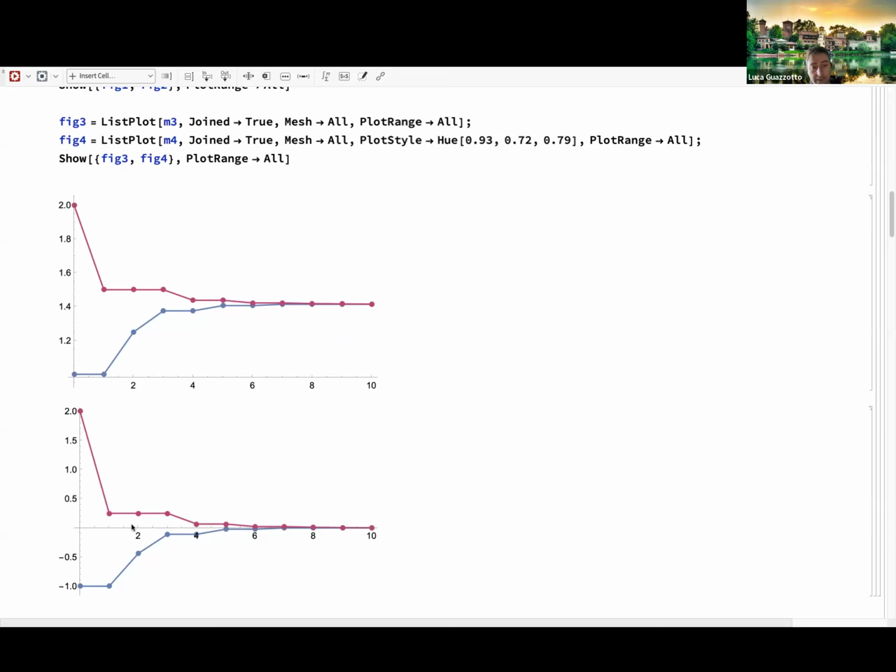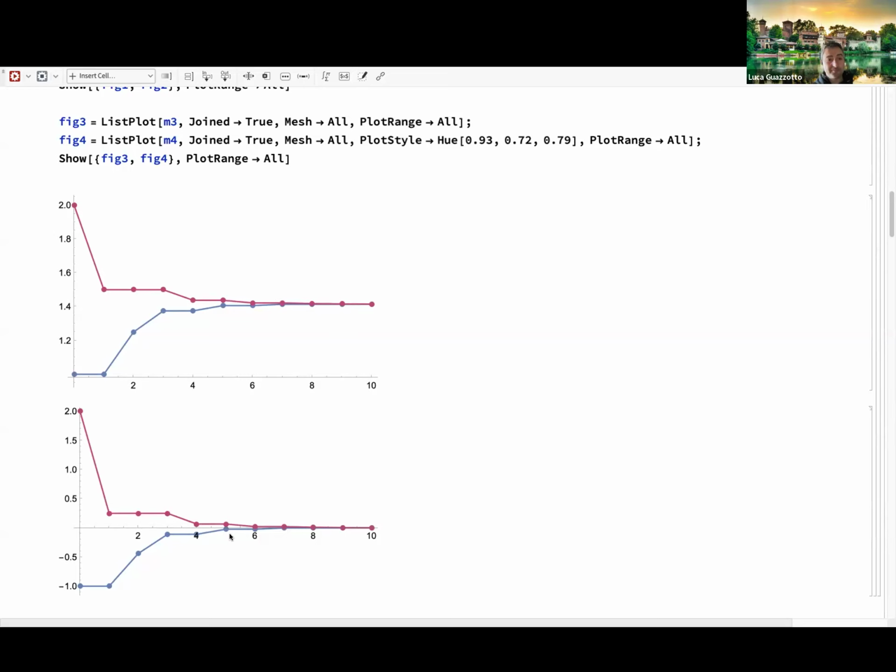And the other one is the numerical values of x1 and x2. Sorry, the one on top is x1 and x2, and the one at the bottom is the value of the function.